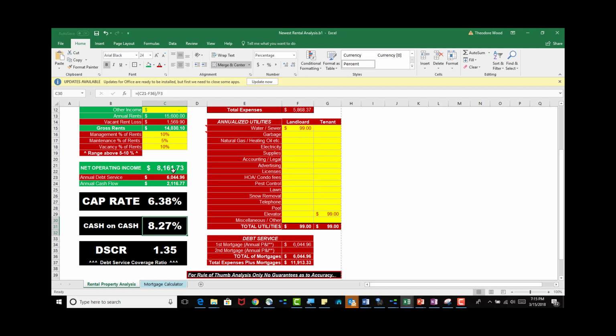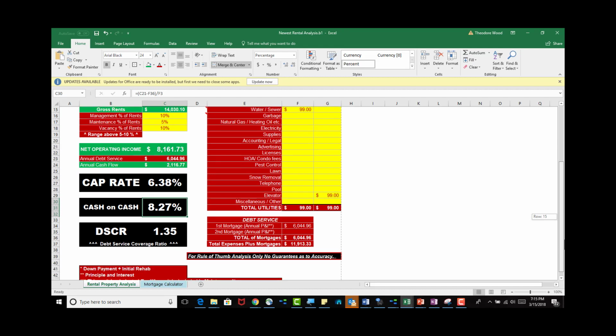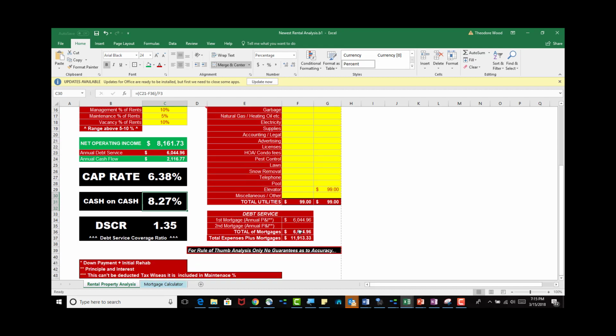So what you're doing in your cash on cash return is taking all of that and then dividing it by what you paid for the property, 123,000. So that's how you get your cash on cash return.